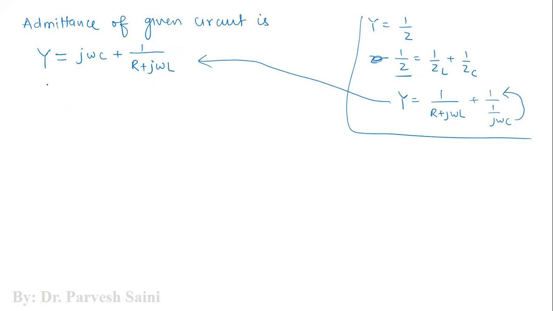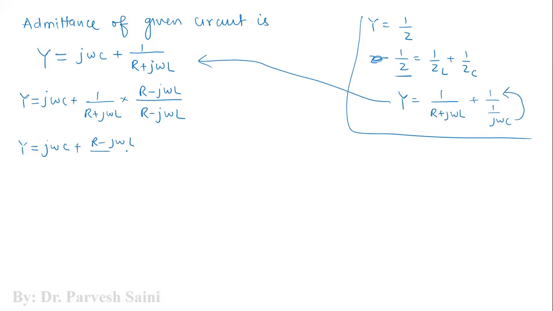Right? Now, we can simplify this one. So Y is equal to, we can factorize this. j omega C plus 1 by R plus j omega L into R minus j omega L divided by R minus j omega L. So Y is equal to j omega C plus R minus j omega L divided by R square plus omega square L square. Now we can rearrange this equation.